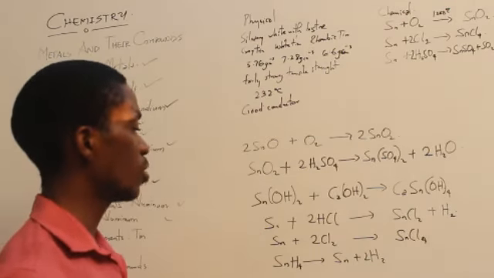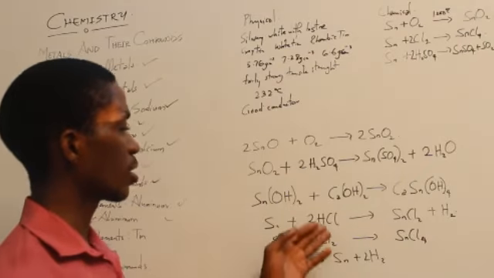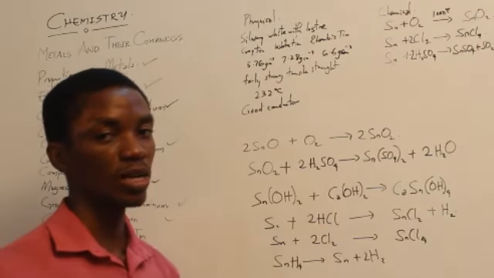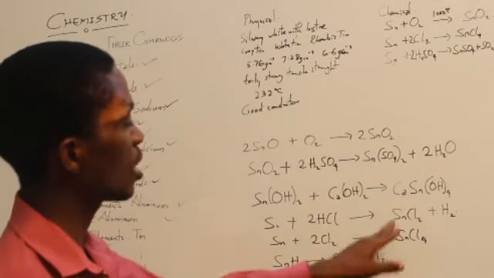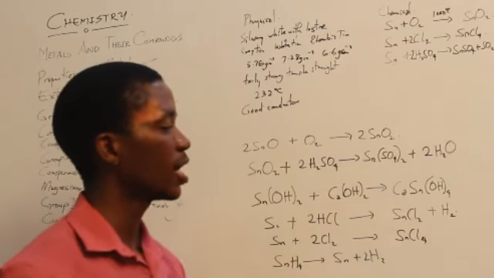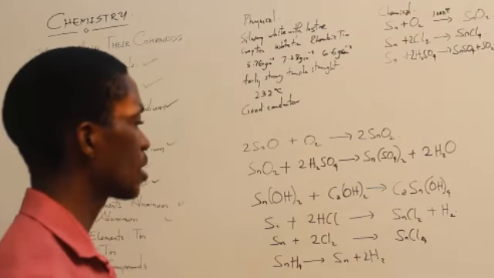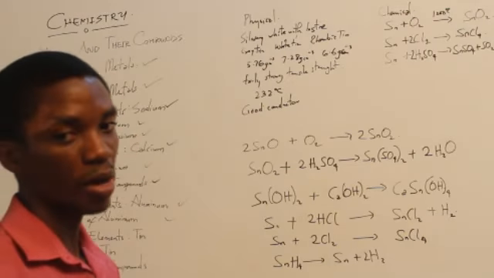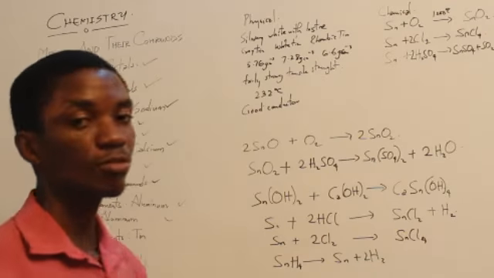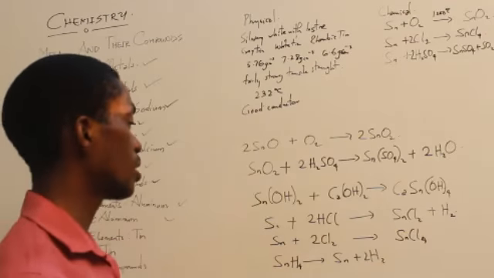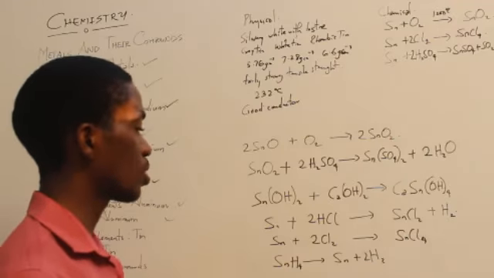Also, when you burn tin in the presence of hydrogen chloride gas, it will produce what is known as tin 2 chloride and liberate hydrogen. Tin 2 chloride is one of the existing forms of tin, and it is not so stable.